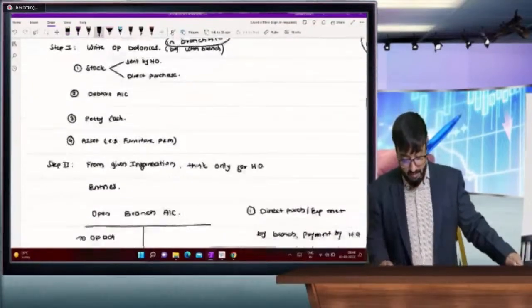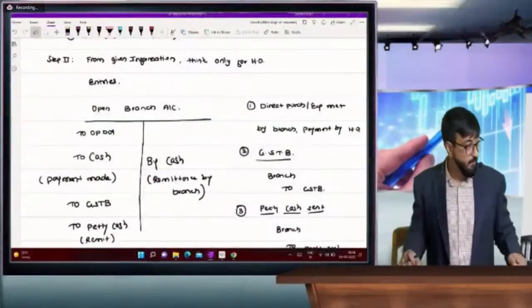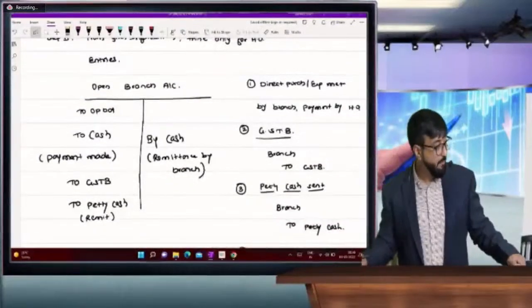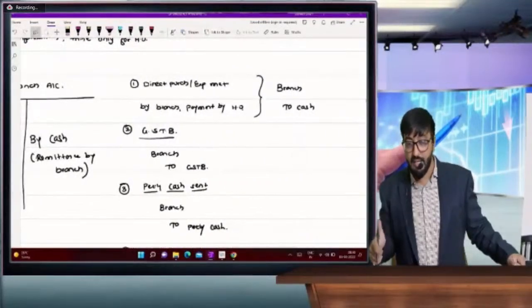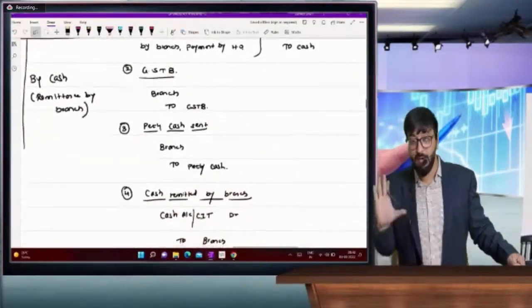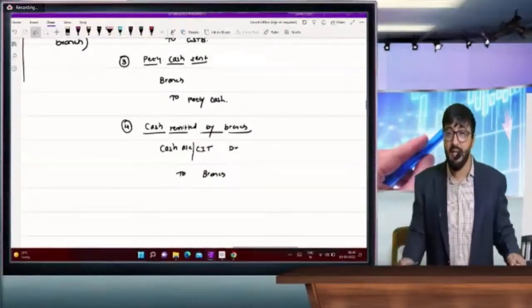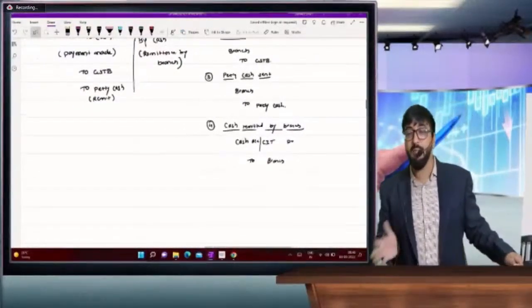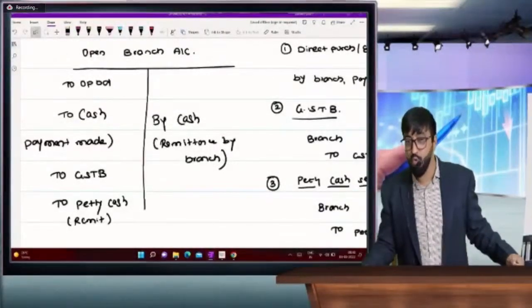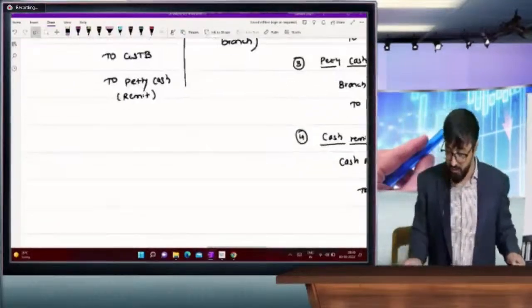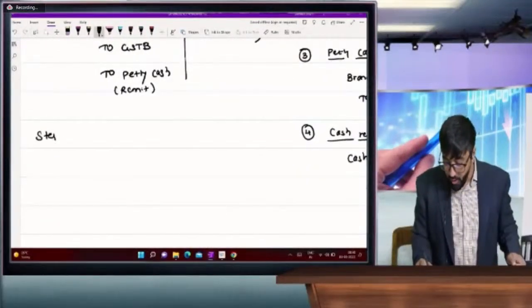Then step 2, after opening the branch account, 4 entries you have to pass: direct expenses or purchases made, that is 5 entries, sorry, GSTB, petty cash and cash remitted. Only debit and credit is given to the branch account. So in the debit of the branch account will come to cash, to GSTB, to petty cash, and on the credit side by cash will come. So this is step number 2.